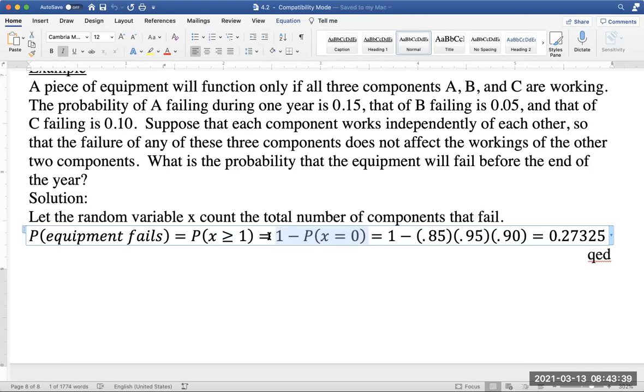So 1 minus, let's see, we have 0.15 probability that component A fails. Therefore, we have an 85% chance that the component does not fail.